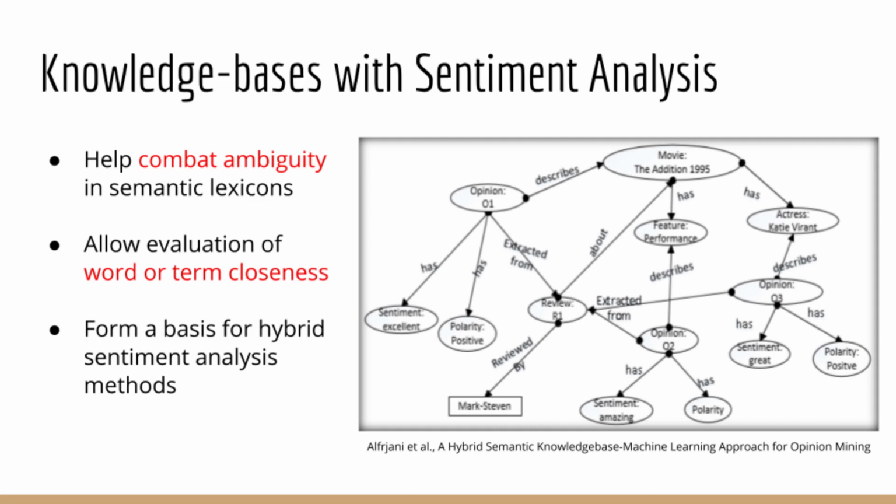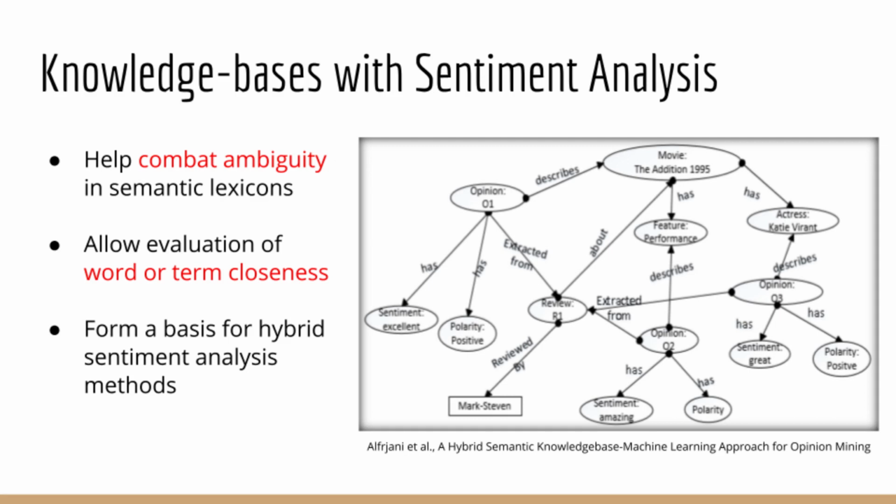In this image, we can see how the relations in a knowledge base describe the relationship between the entities or terms in a now domain-specific knowledge base. In this small knowledge base for the film The Addiction, existing sentiment data is enriched by sentiment features selected from the movie review.